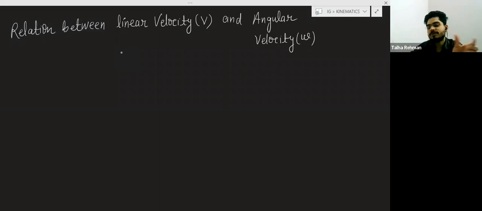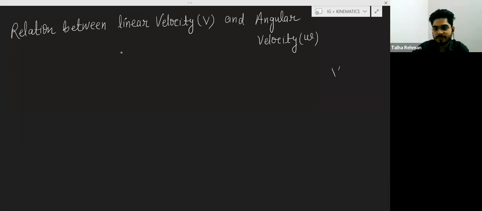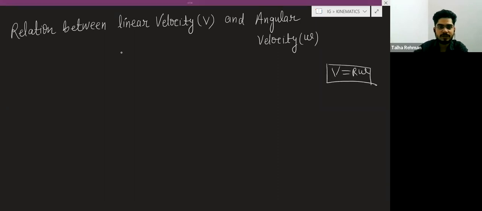In one line for the circular motion, I want to write the relation: v is equal to r omega. This will be the relation, but we will see how this is the relation.